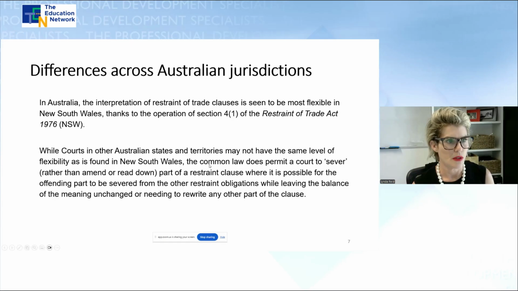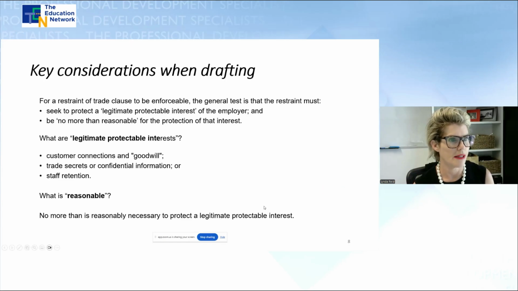So let's have a look at some of the considerations that we need to have, not just in relation to our waterfall style of drafting, but the types of things that we need to be asking ourselves when we are actually drafting a restraint clause. And sometimes you will need to take a step back from what is often just a boilerplate clause.